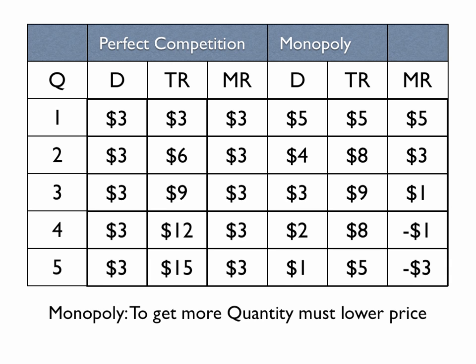And the reason this is the case is in order to get more quantity, we must lower the price. And as we lower the price, we lose those higher sales at the previous lower quantity.